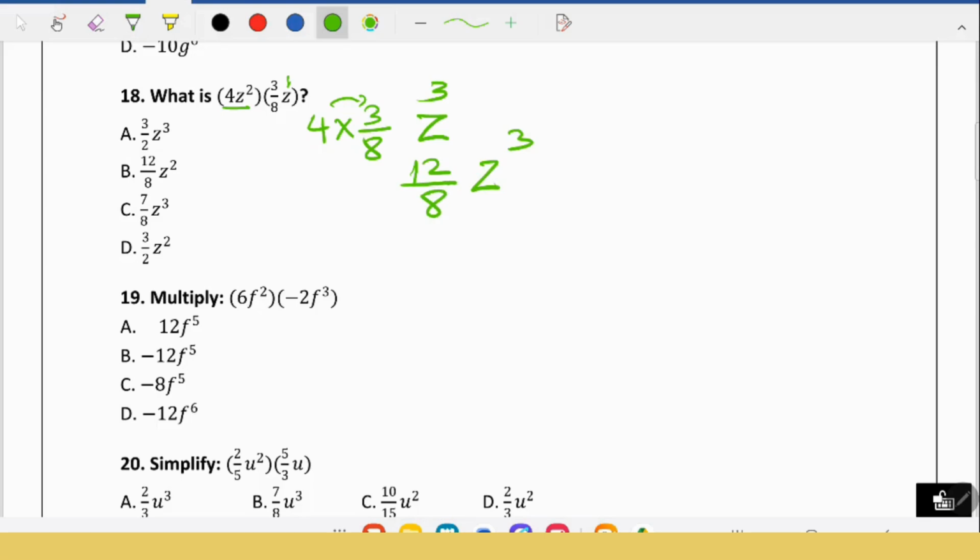I have to see my answer, 12 over 8z cube. No, I will just simplify. 4 2, 4 3. 3 over 2z cube. After simplifying, 3 over 2z cube. This is the answer.